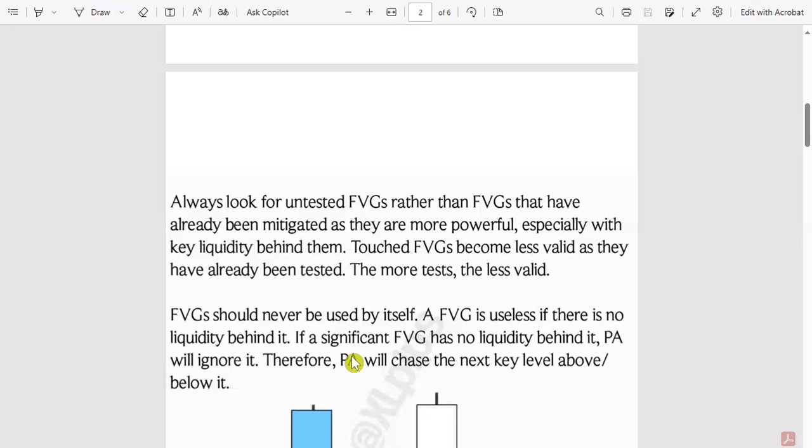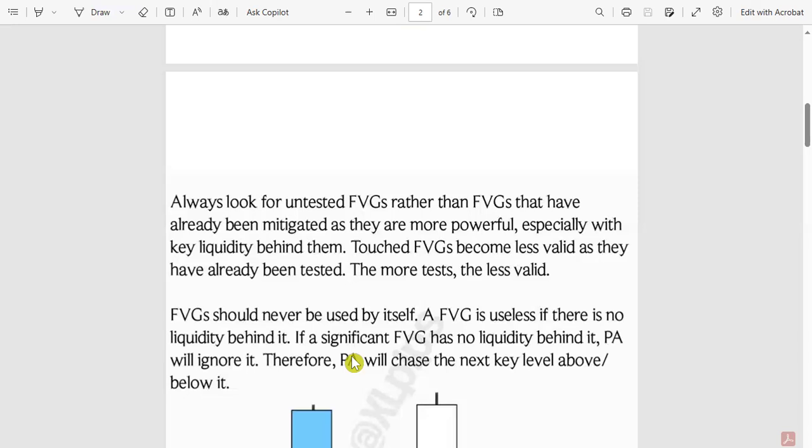And also, a fair value gap should never be used by itself. Don't use just the fair value gap on its own. Make sure you incorporate another confirmation and another entry point. So for example, you may have a fair value gap, but it already overlaps with either a breaker block or it may be overlapping with an order block.